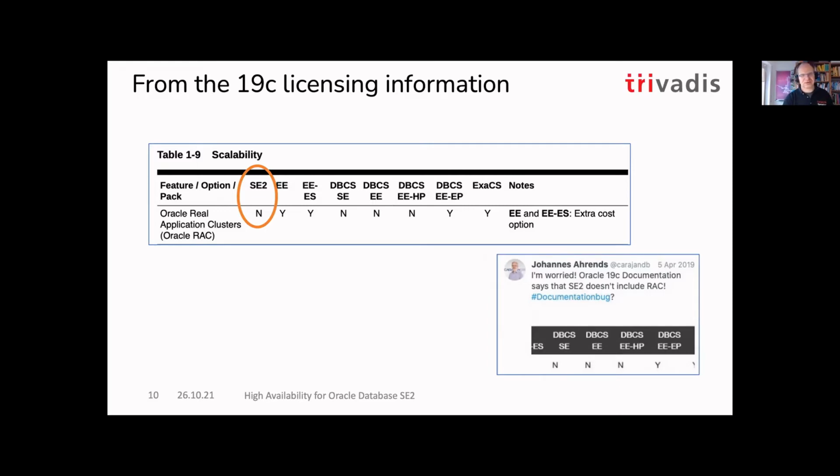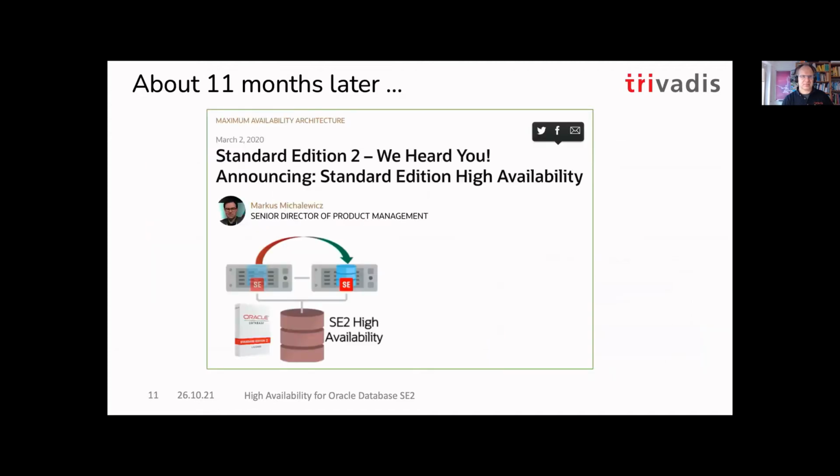So there was a lot of discussion in the Oracle community, and even discussion with Oracle. And almost 1 year later, Markus Flechtner, who's responsible for product management for high availability, wrote a blog post.